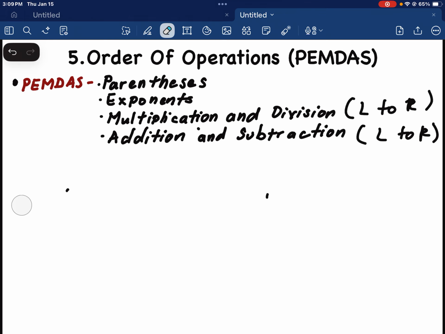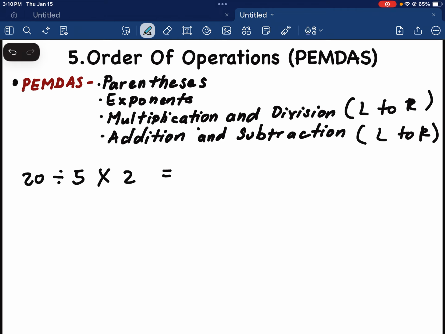Let's delete this and let's have some example. All right, 20 divided by 5 times 2. So it says left to right. Now, as you can see in our problem, we have division comes first, which is 20 divided by 5, and then we have the multiplication after, which is times 2.